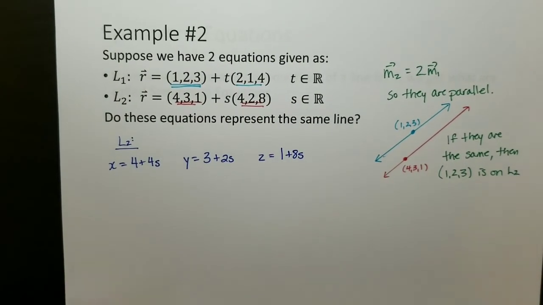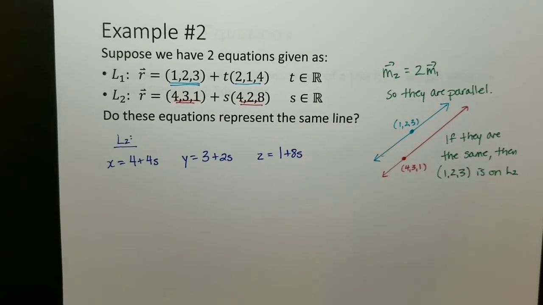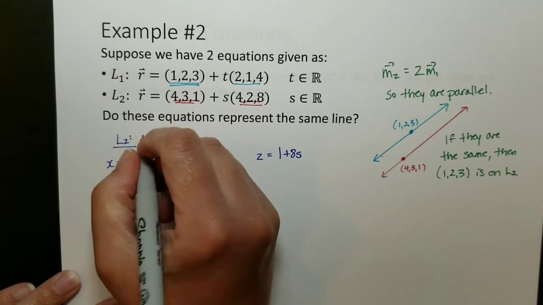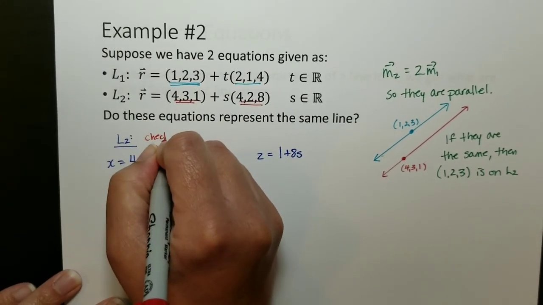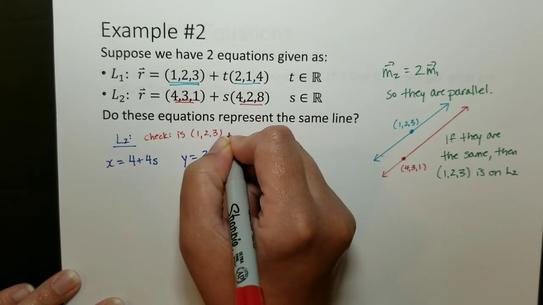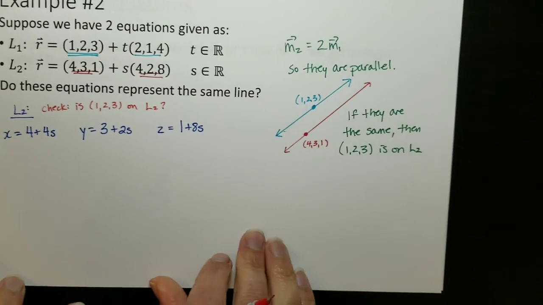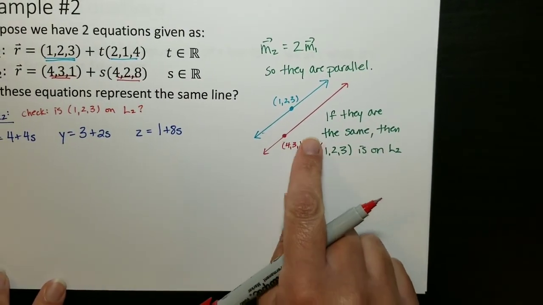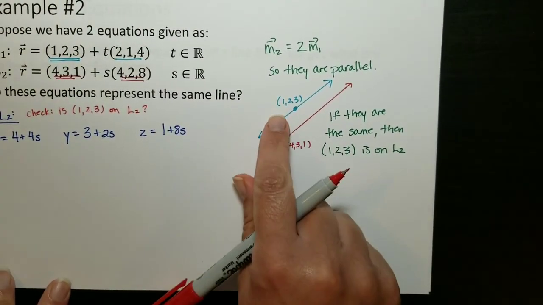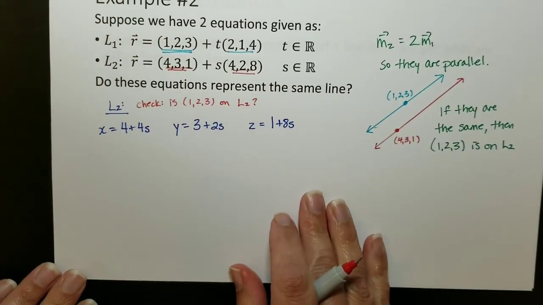And I'm going to check that point. Is the point 1, 2, 3 on L2? You could just as easily have checked whether this point 4, 3, 1 was on L1 and written the first line as parametric. That would work fine too.